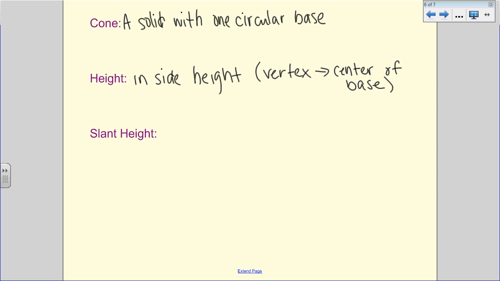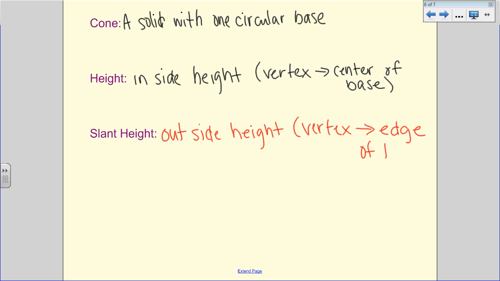Alright, and the slant height is going to be the same thing. It's going to be this outside height, outside distance, and it goes from the vertex to the edge of the base.